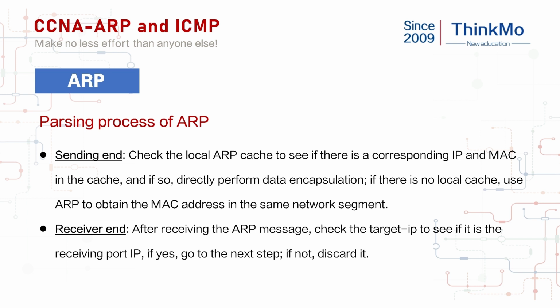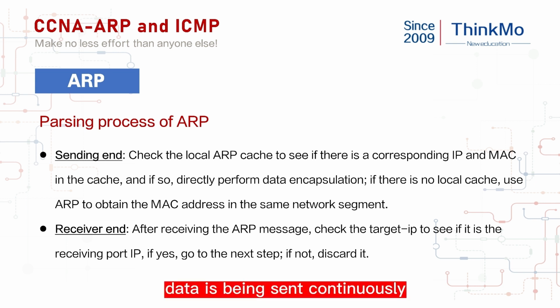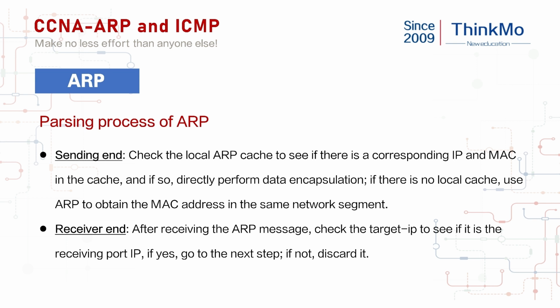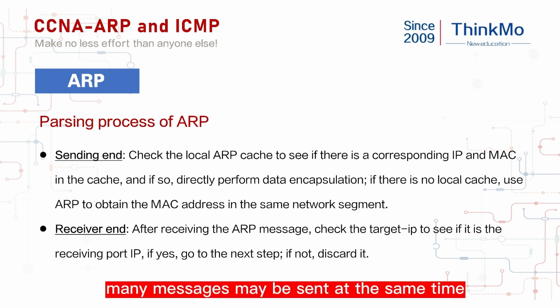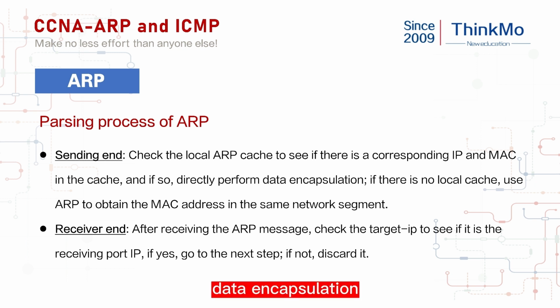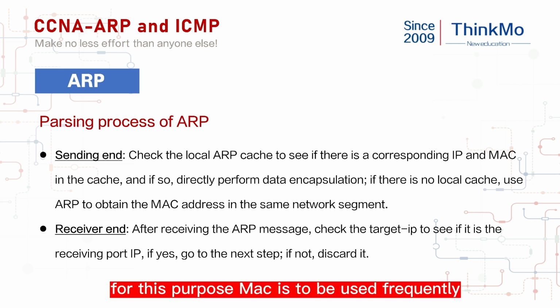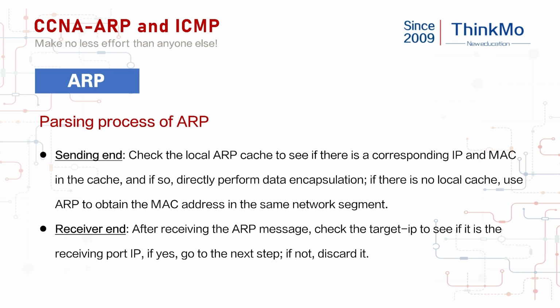For data, data is being sent continuously, sending from source to destination. Many messages may be sent at the same time. Keep sending. Then if every packet sent, data encapsulation. That means, for this purpose MAC is to be used frequently. If now every time before sending a packet, make an ARP request, it's not optimized.